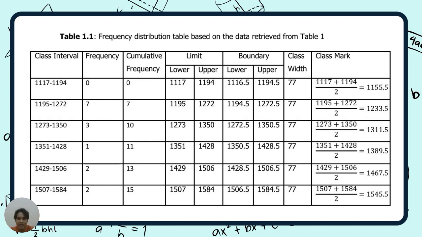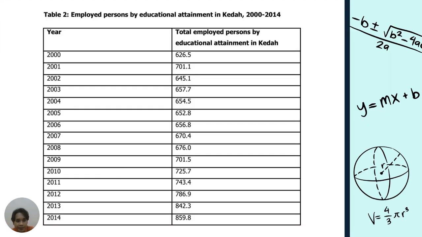After we get the data, we can proceed to the calculation and statistical test in the SPSS software. This is our data containing class interval, frequency, cumulative frequency, upper and lower boundary, class width, and also class mark.